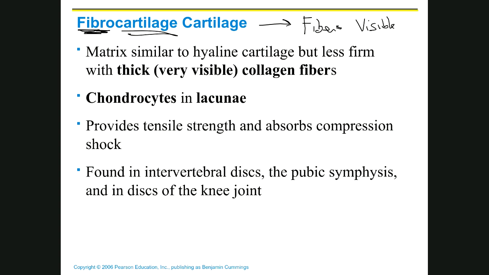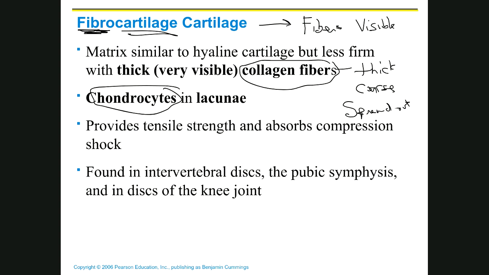But the collagen fibers are very thick, very coarse, very easy to see. They're also spread out, so they're easy to see for that reason too. Again, we're going to have chondrocytes, we're going to have lacunae, but this is a very, very strong tissue.